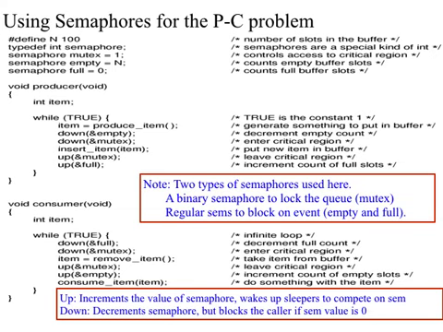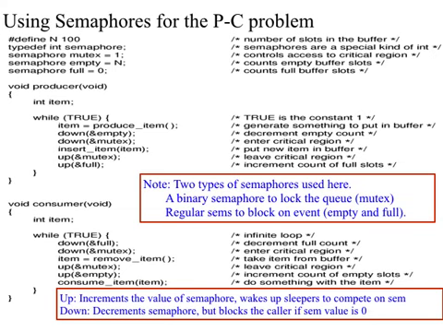If you look at the code for the producer, it executes in an infinite loop. Initially he produces an item, and then before inserting the item into the buffer, he performs a down on empty, meaning that he wants to claim one empty slot in the buffer by performing a down operation.